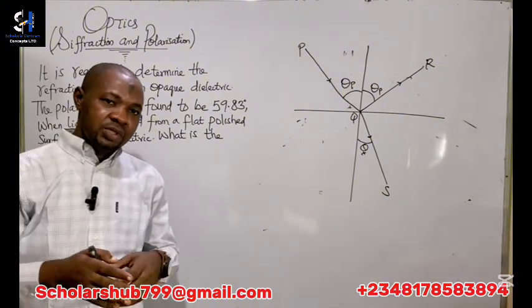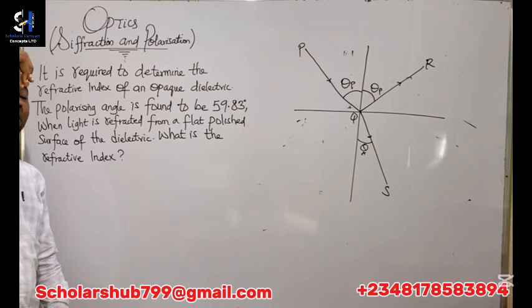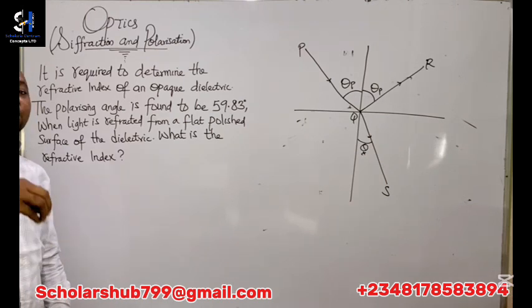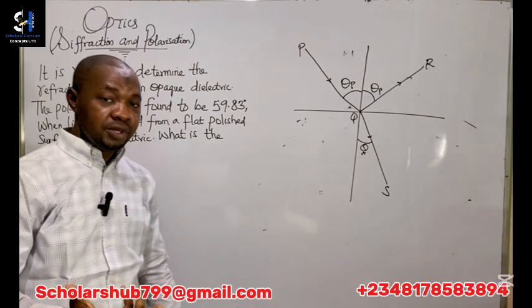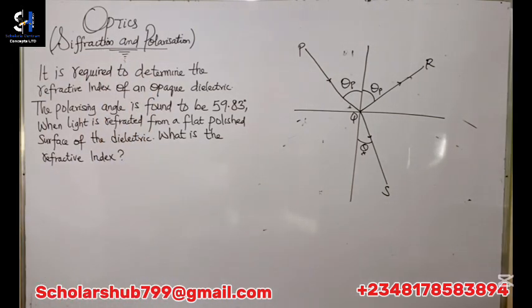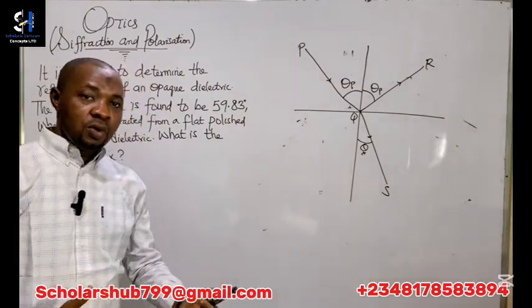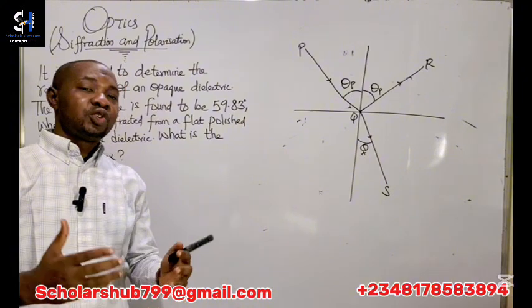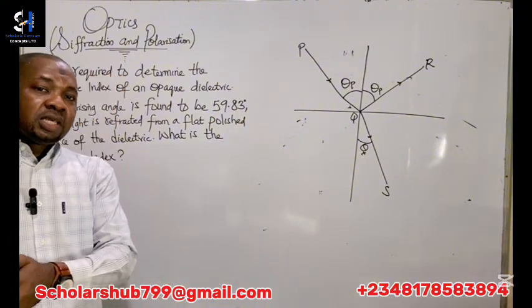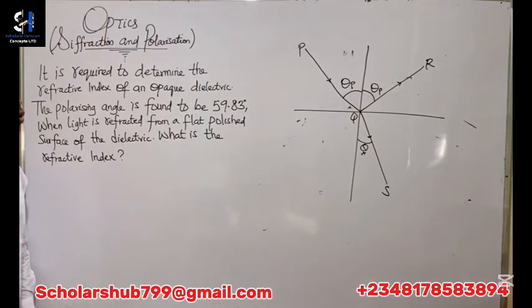He deduced that the polarizing angle depends on the refractive index of the medium. And that's why he was able to prove that the tangent of the angle at which polarization is obtained by reflection is numerically equal to the index of refraction of the medium.